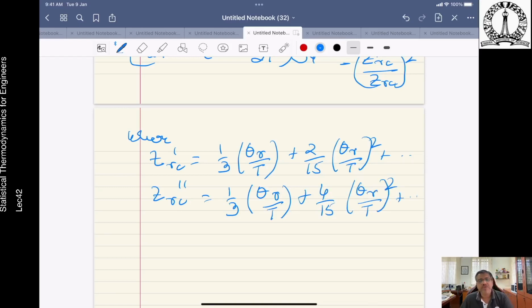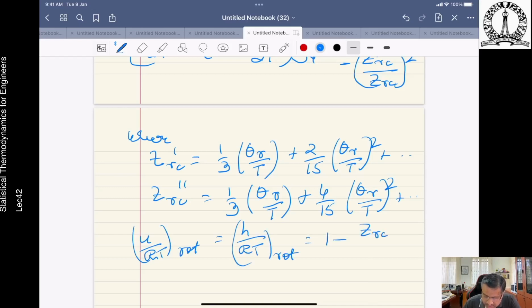So we have the rotational contribution for internal energy, enthalpy, and specific heats. U by RT rotation is equal to H by RT rotation is equal to 1 minus ZRC prime by ZRC.